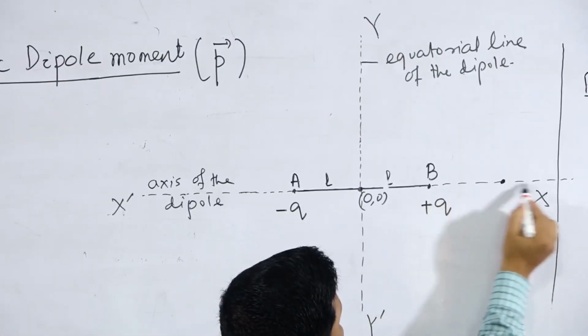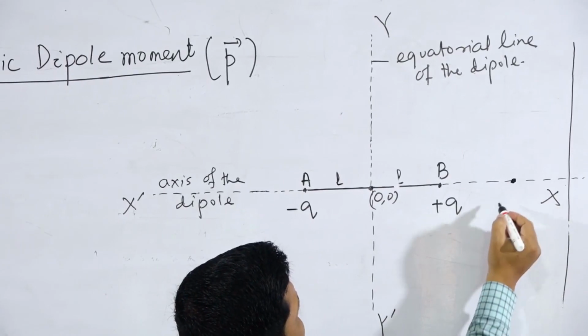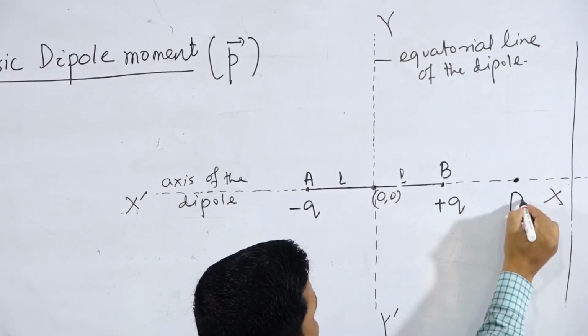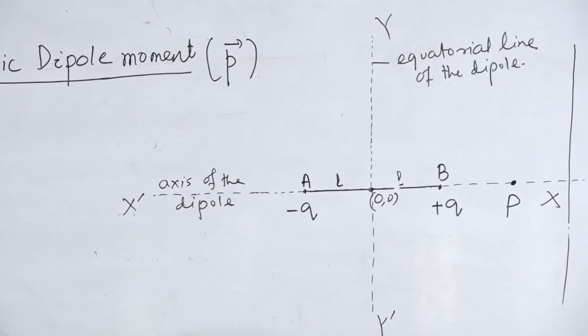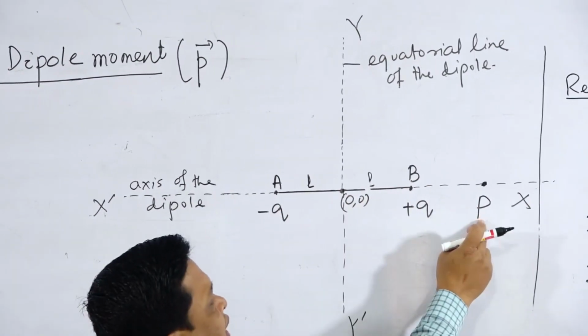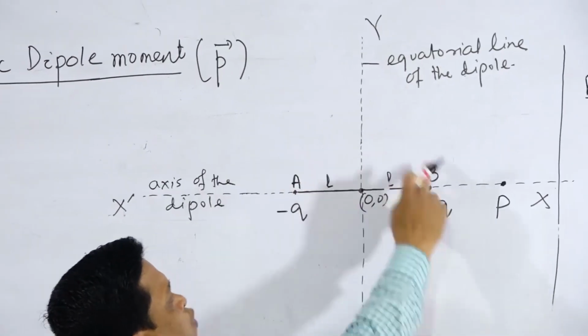If you take any point on this axis, this is known as axial position. Say for example here, P point is axial position. So we have to find out electric field intensity at this axial position due to the dipole AB.